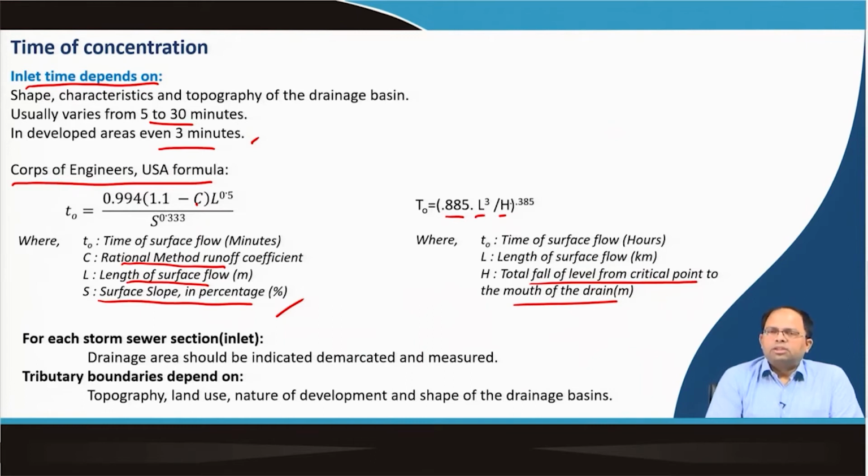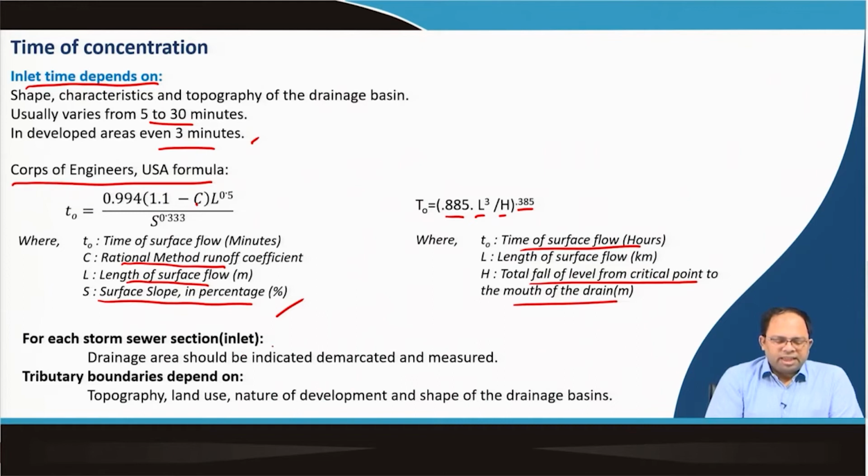T0 is the time of surface flow. Any one of these two formulas could be used. This one gives surface flow in minutes and this one in hours, and based on this you can calculate the inlet time, whereas the flow time within the sewer network could be determined using Manning's formula or any other formula.